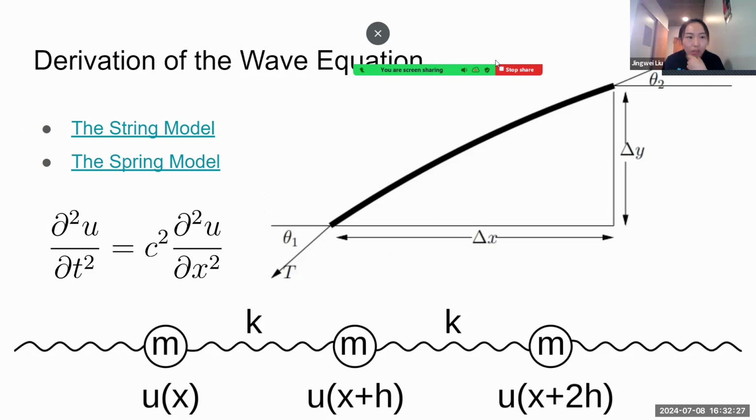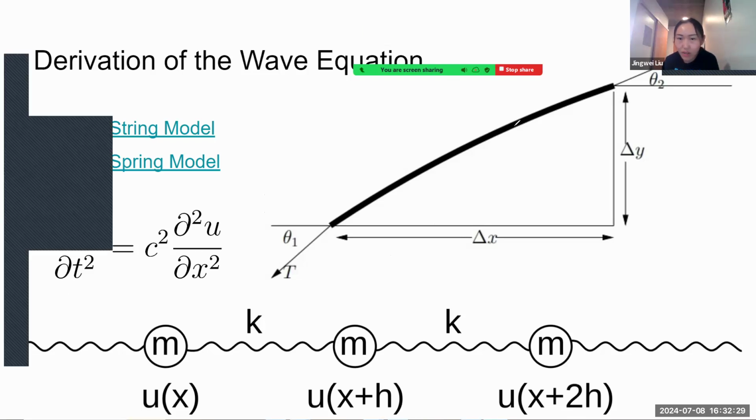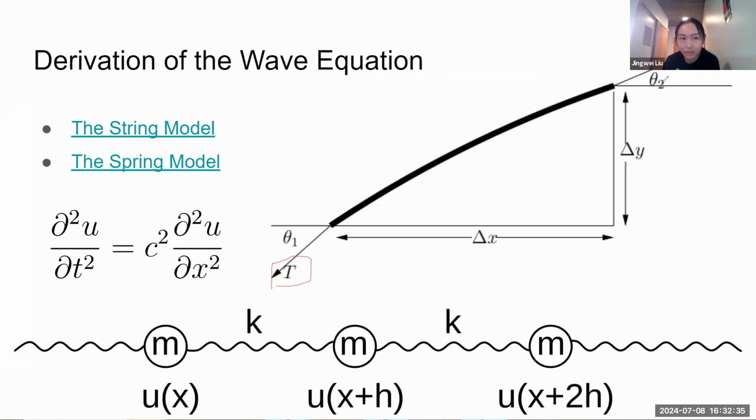Let me use the annotation here. You can see there is tension at both sides. T is the tension, the force at both sides, T here and here. Here I'll give you an intuition: we know that F equals ma, Newton's second law. M is the mass, which is a constant, so we don't care about this.